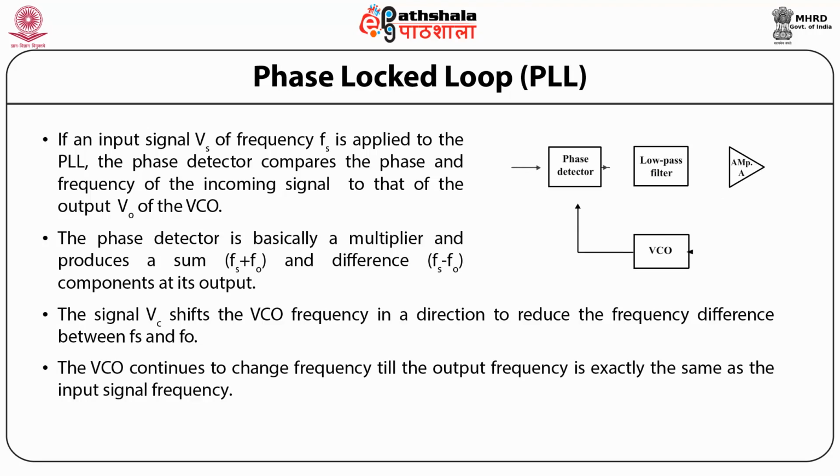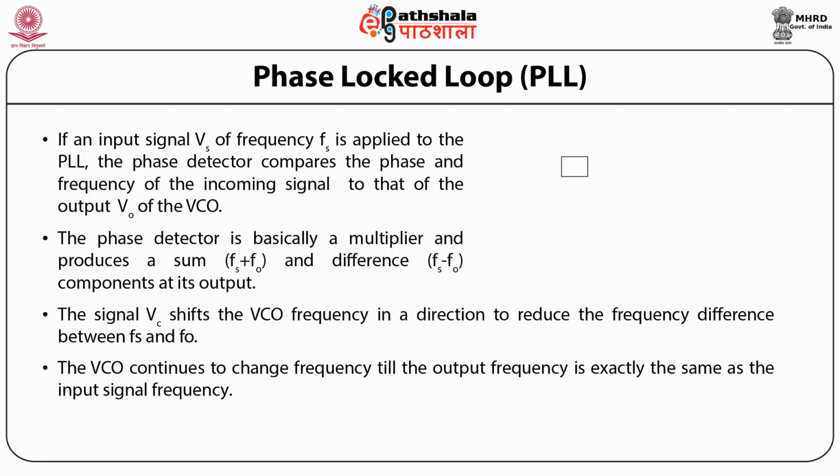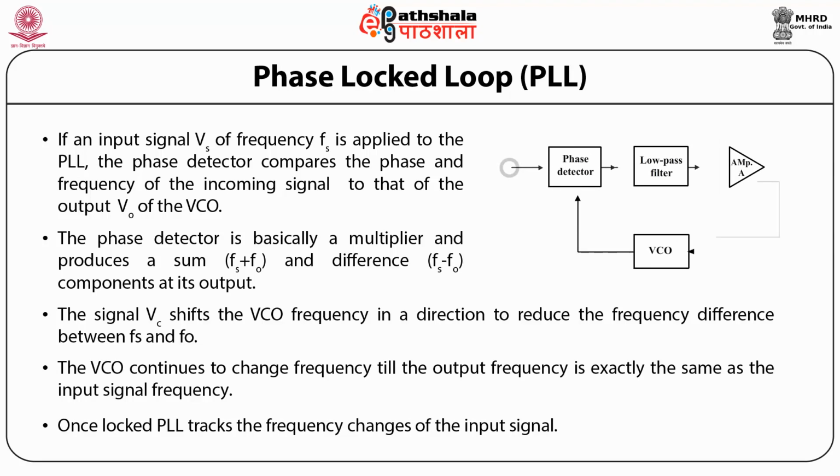This phase difference generates a corrective control voltage Vc to shift the VCO frequency from F0 to Fs and thereby maintains the lock. Once locked, PLL tracks the frequency changes of the input signal.